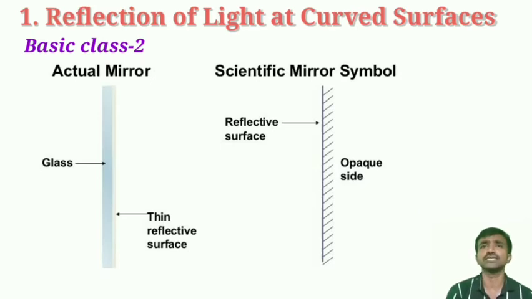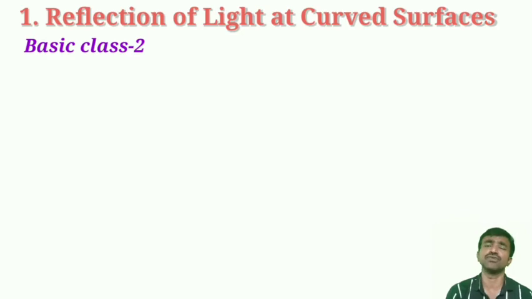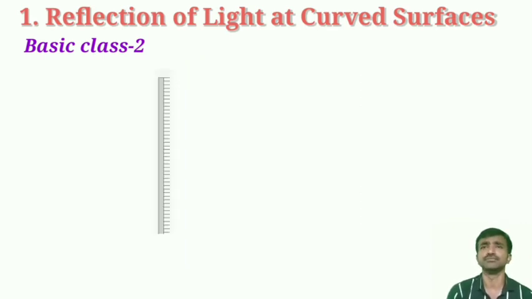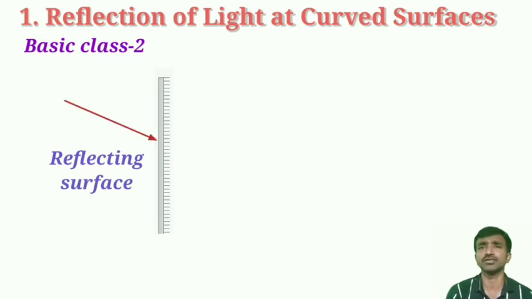So what is a reflecting surface? The surface which is smooth, that means highly polished, and which completely bounces the light rays back, is called a reflecting surface. That means the light rays are sent back into the same medium, which is called reflection. So that surface acts as a reflecting surface. What about the other surface, the opaque surface?